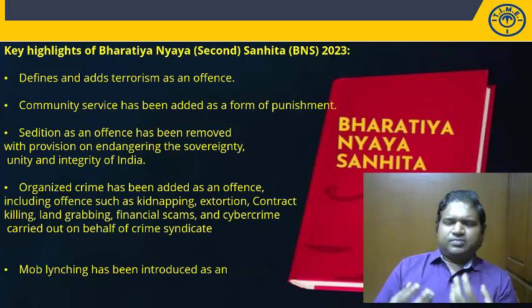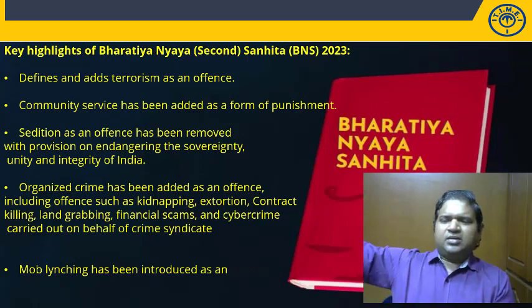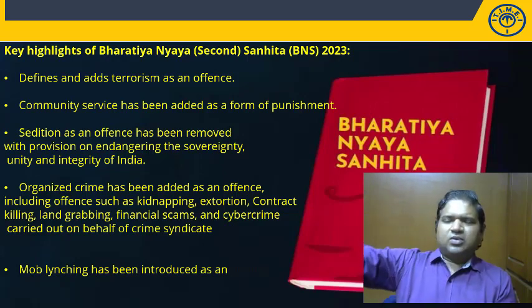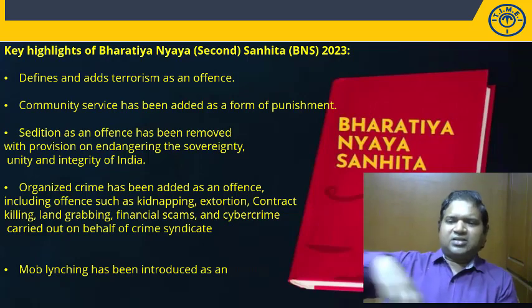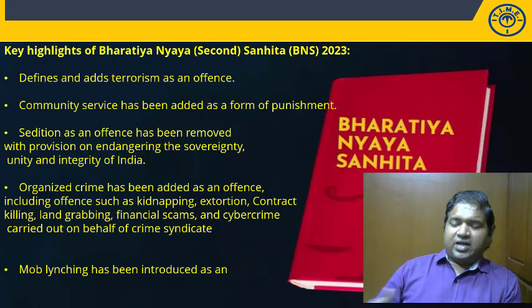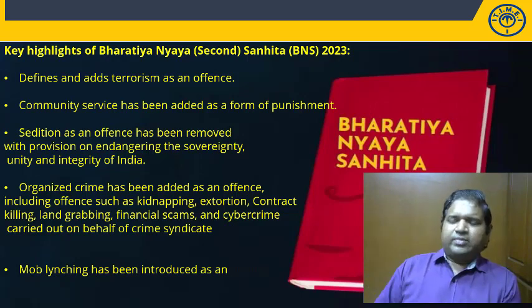You committed an offense, now you go and do some community service, something that benefits the society, and you also emerge as a good citizen. You coordinate with other people and help other people.